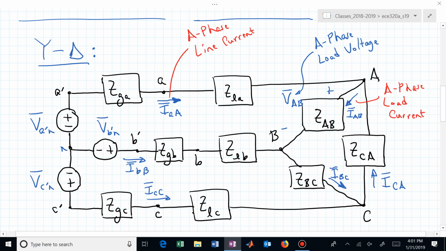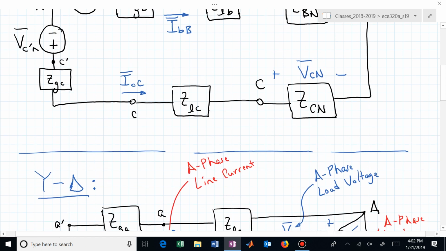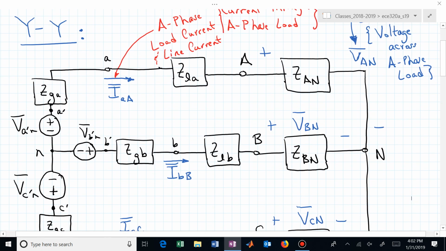This is now a line voltage, isn't it? It's from one transmission line terminal to another. So now your line voltage is the same as your A phase voltage in this interconnected system. Whereas before, if I wanted to talk about the line-to-line voltage or the line voltage at the load terminals, that's now different than the phase voltage.